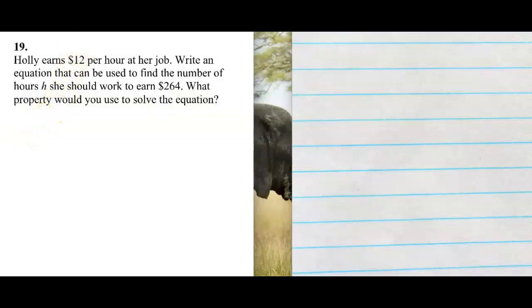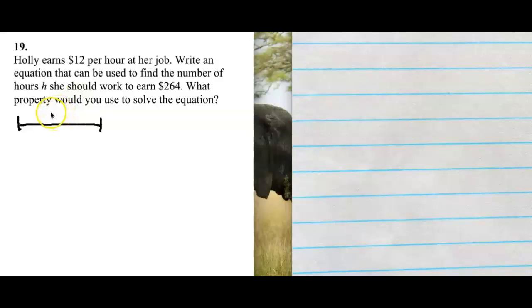So the first thing that we need to do is draw a picture because they've already given us the variable. We're going to draw our line to represent the total amount. And then, do we know the total amount? Let's go back into the problem, and I want you to underline and look for the most important information that would determine the total amount that she needs to earn.